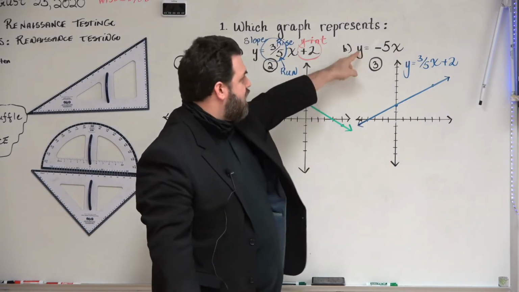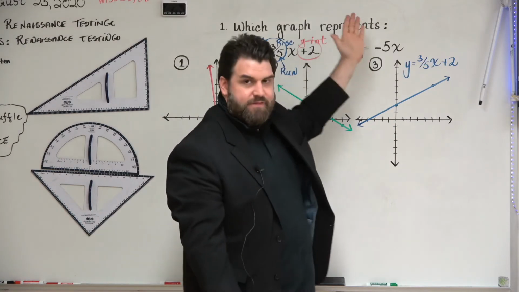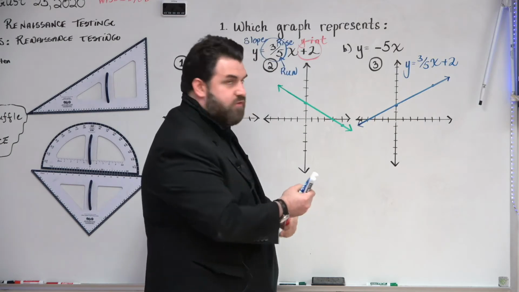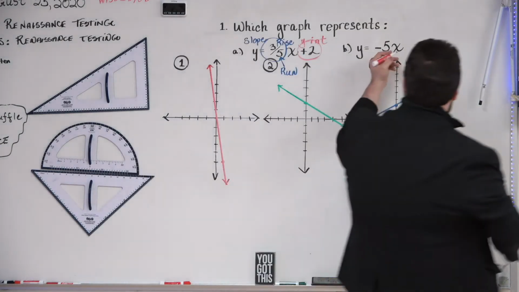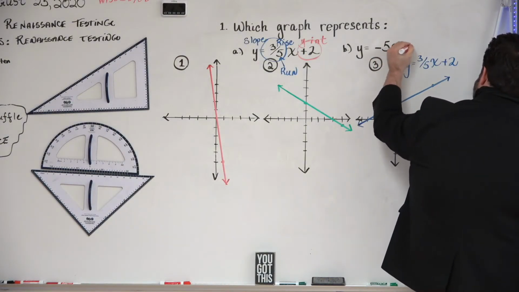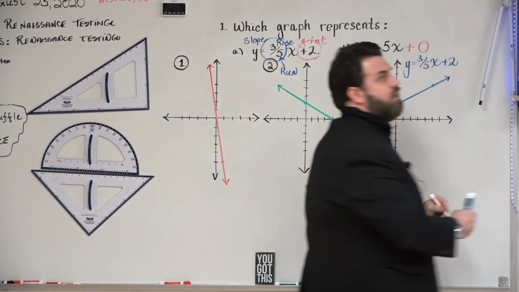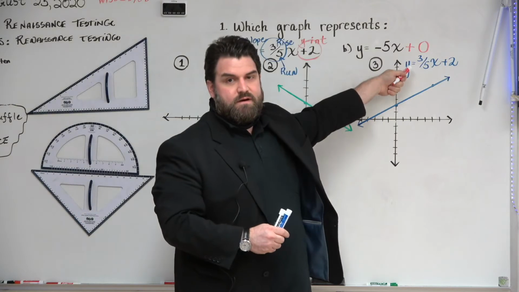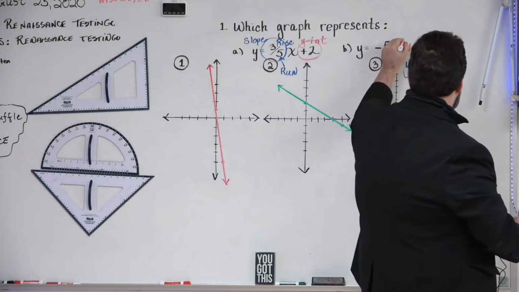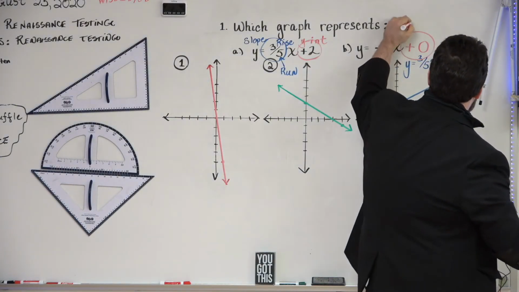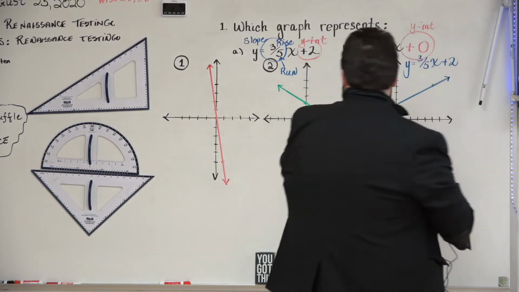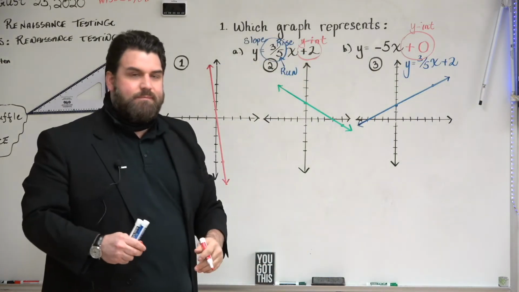Whenever you see one like this, where it's y equals something x and then that's it, you can assume that it says plus 0. So we're going to write in plus 0 right here. And let's circle that. 0 is the y-intercept of this graph.